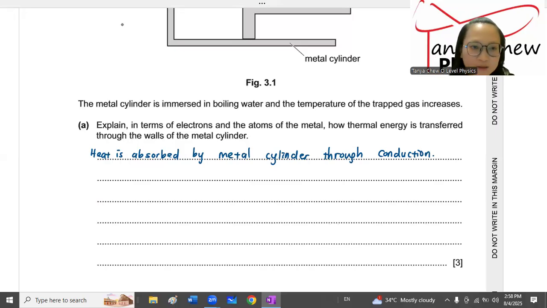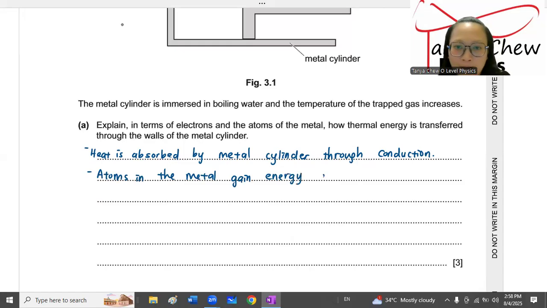And then, since heat is being absorbed, atoms in the metal gain energy and vibrate at larger amplitudes.